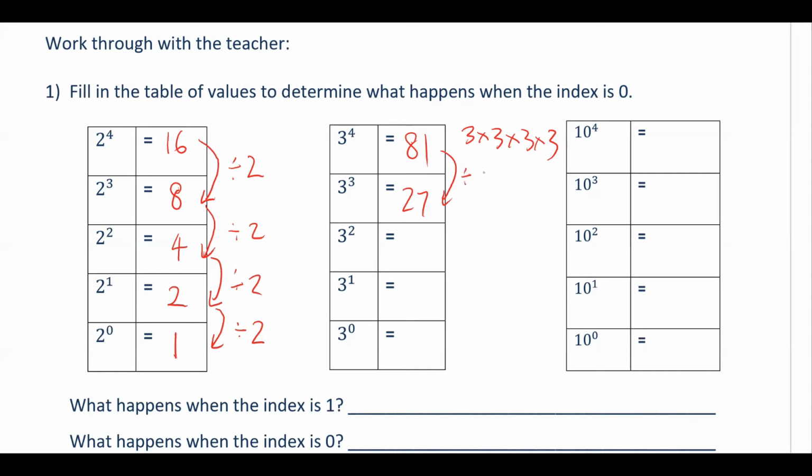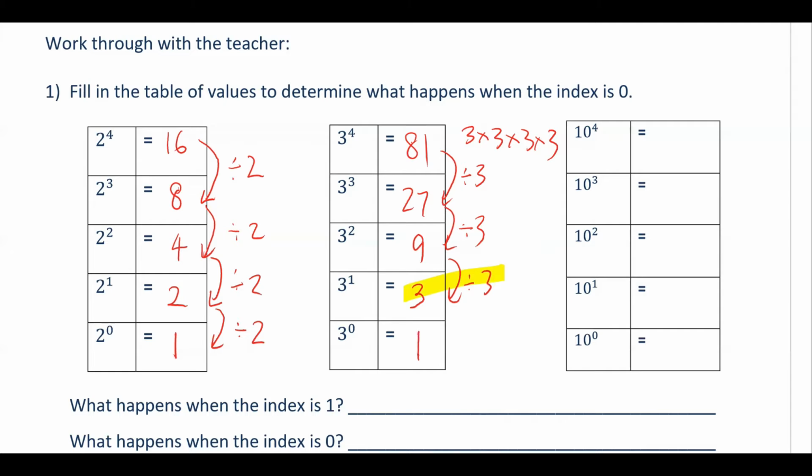So we are 3 times smaller. Now 3 squared is 9. 3 to the power of 1 is just 1 of itself, which is 3. Based on this pattern, what do you predict 3 to the power of 0 would be? Okay, so 3 divided by 3 will give you 1 again.